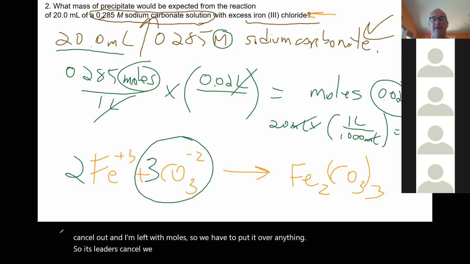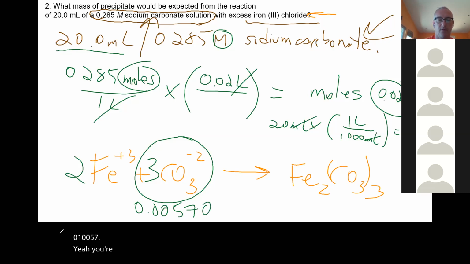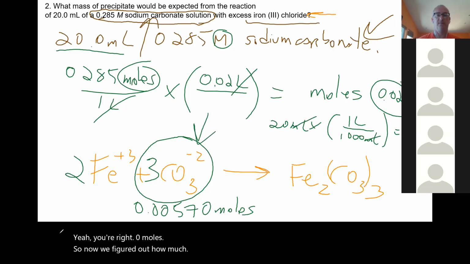So how many moles do we have? 0.0057 moles. Oh yeah, you're right. So now we figured out how much of this we have.